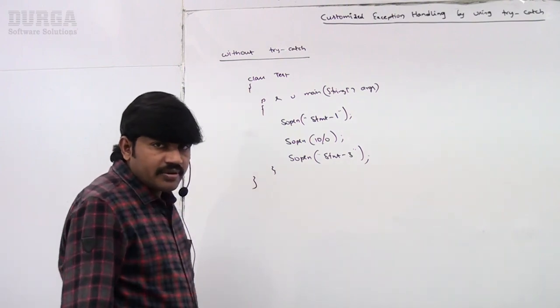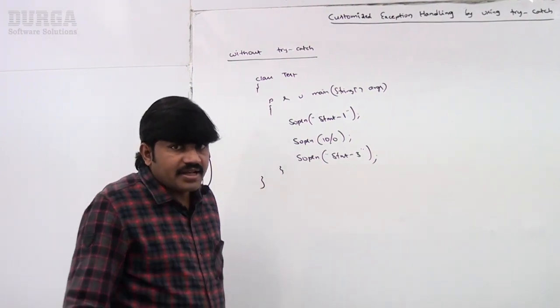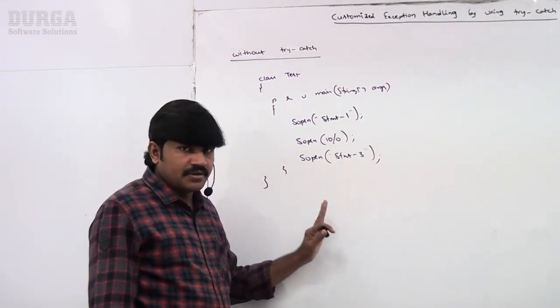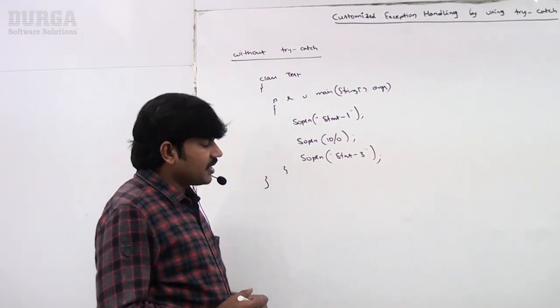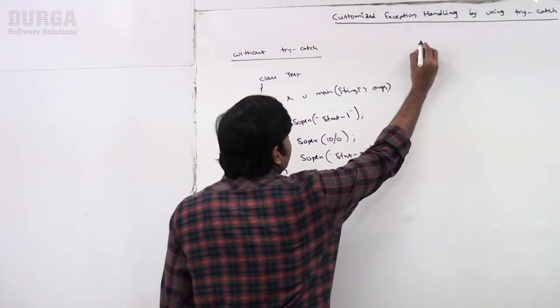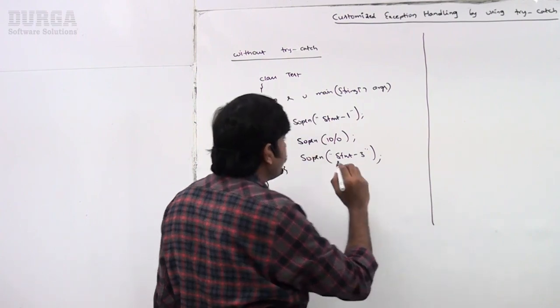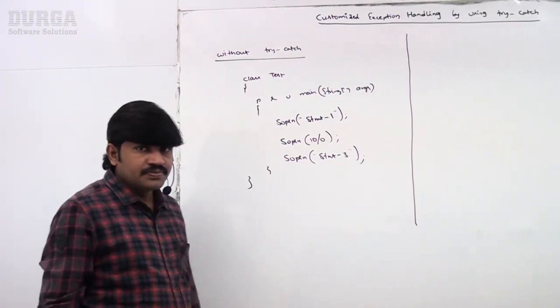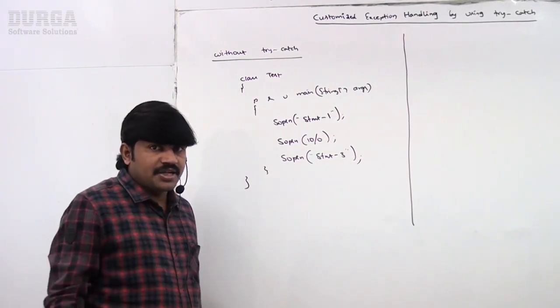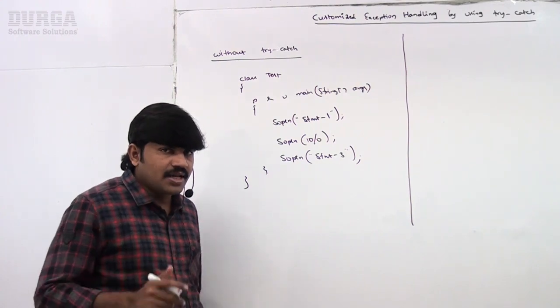I don't know exception handling, I don't know try catch, that's why I didn't use it, right? Can you please tell what output we are going to get if I execute this code? Is it normal termination or abnormal termination?